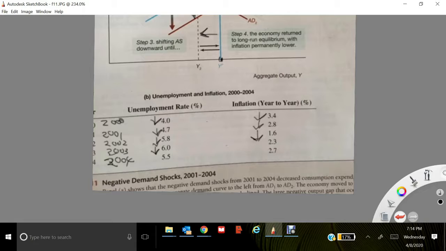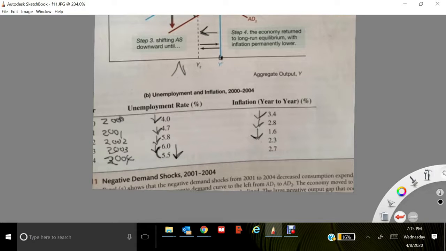And when you have our shift of the supply curve, finally unemployment starts falling, output starts increasing. Of course, unlike the graph up here, theoretically we would expect inflation to keep falling here. It didn't in the data.